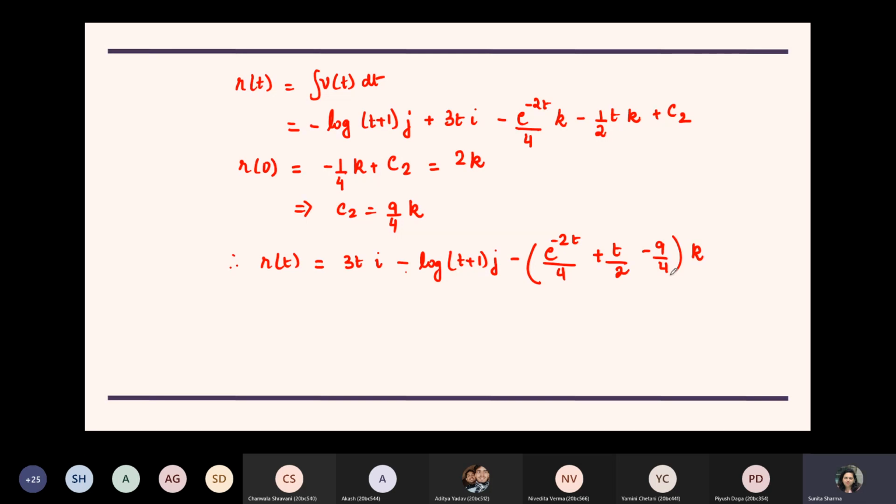Okay, maybe I'll take up one question from the definite integral part.